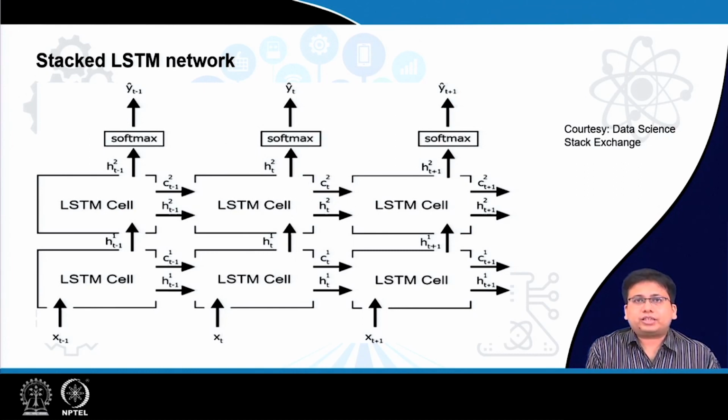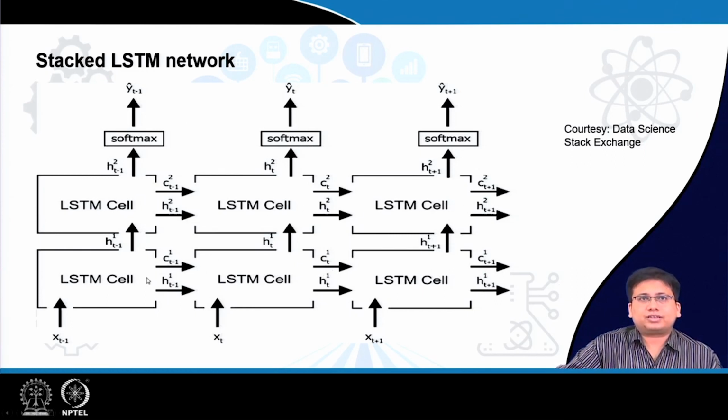The way to achieve it is just like in case of RNN, where we talked about stacking multiple layers together, Z1, Z2, etc. Similarly, we can also stack different LSTM cells. We can have one layer of LSTM cells, and on top of it we can stack another layer of these LSTM cells like this.